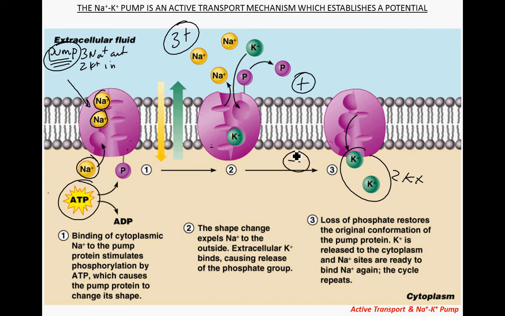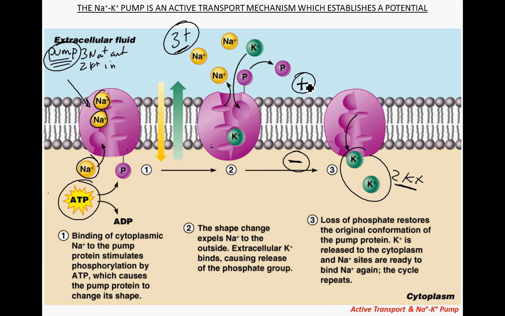And from before, we discussed that negative is another way of saying less positive. So I think now you may be able to see why the inside is less positive, because we're moving 3 positives out, but then only moving 2 positives back in. So 3 out, 2 in. The difference is that we have more positive on the outside and less positive on the inside.